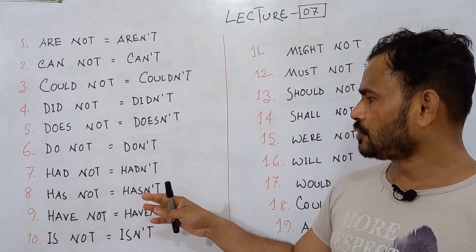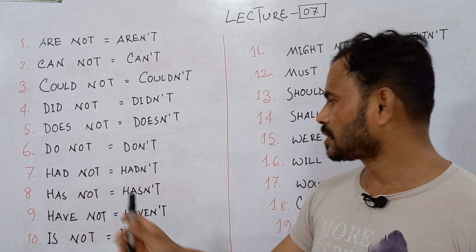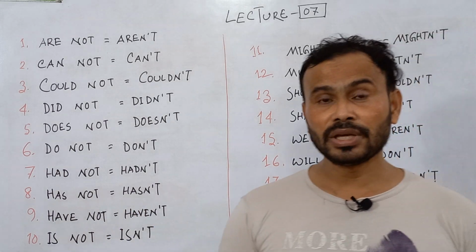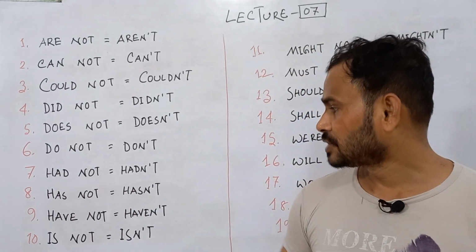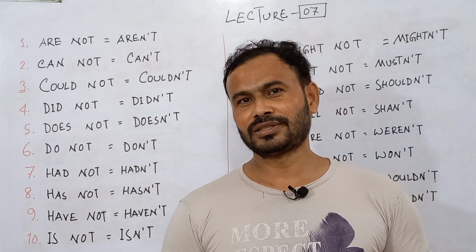If we want to use the contracted form of have not, the sentence would be, I haven't completed the project.